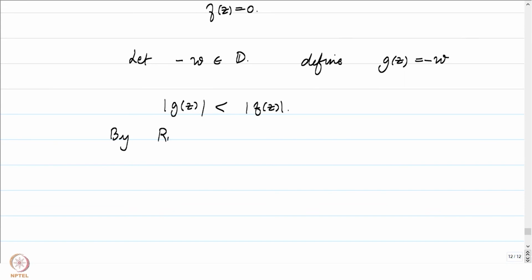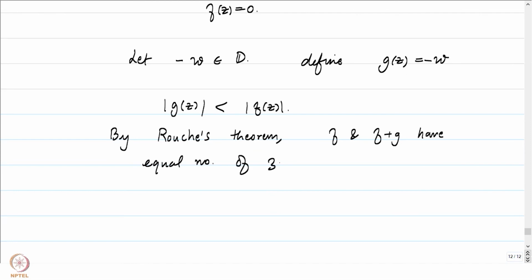Now, by Rouche's theorem, f and f plus g have the same number of zeros with equal multiplicity, in D counted with multiplicity.